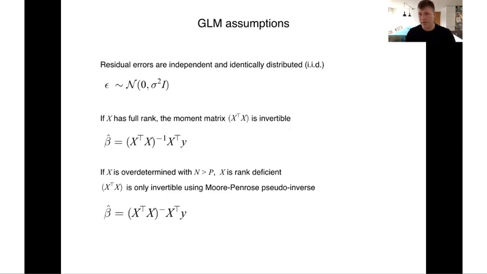We usually have more data points, so N is larger than P, more data points than model parameters. And in this case, the design matrix X will be rank deficient, and we will have to use the Moore-Penrose pseudo-inverse. So instead of using the inverse that we would usually use for a square matrix, we use the pseudo-inverse to invert the model and estimate parameters.